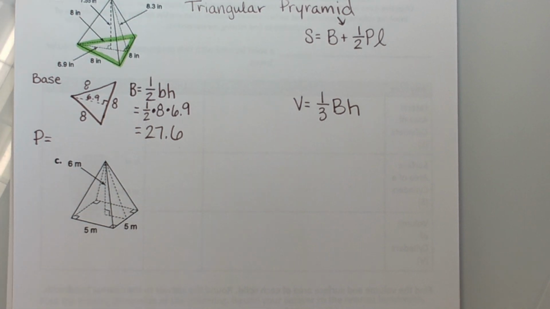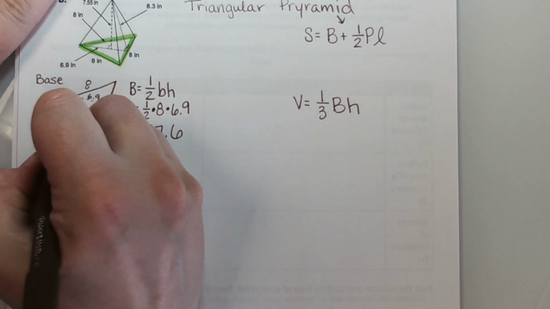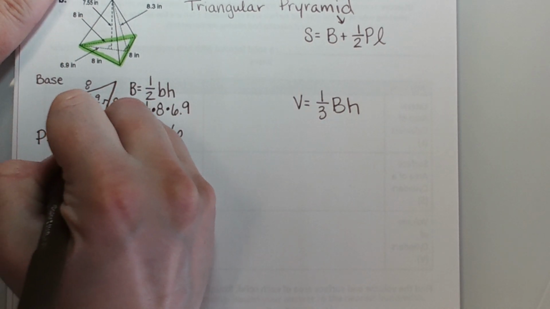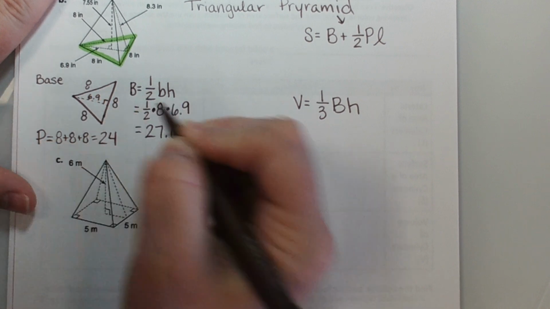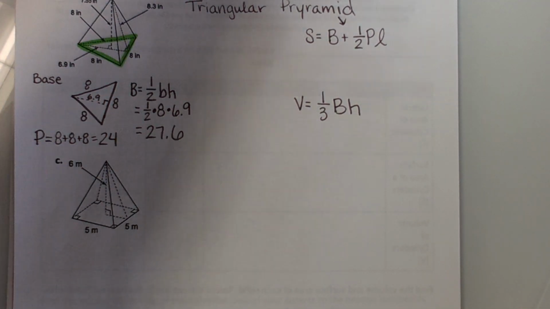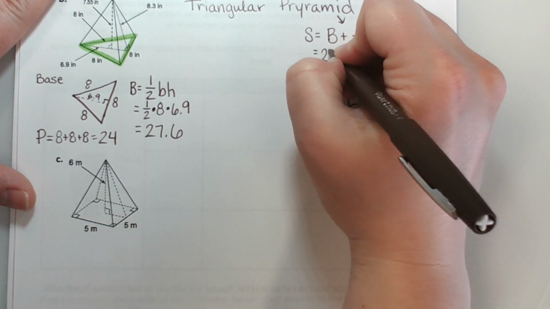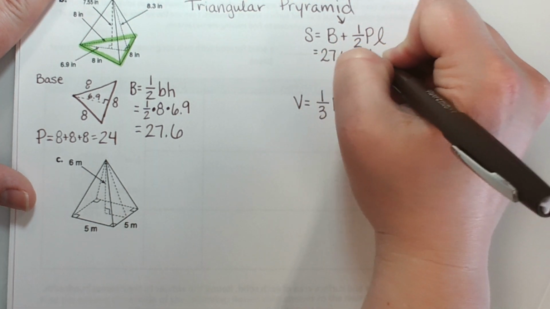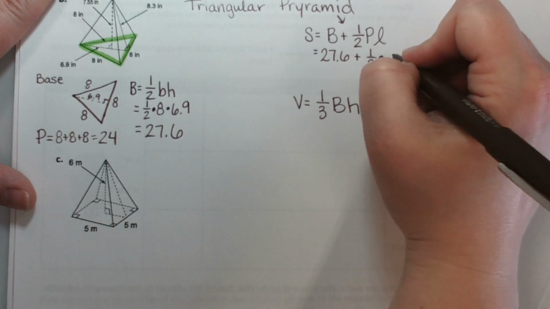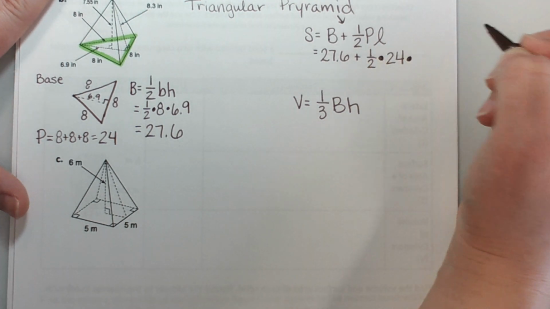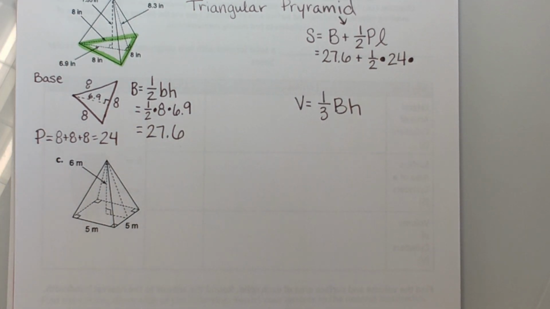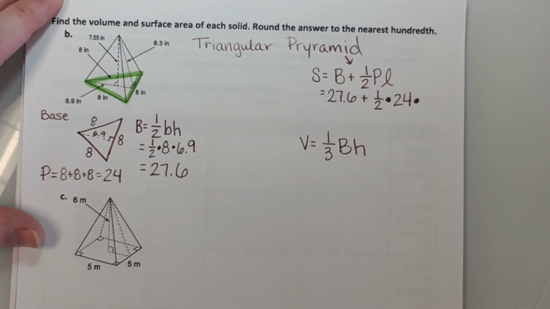Jocelyn, what's going to be the perimeter of my triangle? Yeah, 8 plus 8 plus 8. Okay, so surface area equals B, we just found to be 27.6, plus 1/2 times P, we just found to be 24, times Lily, what is L? 8.3.